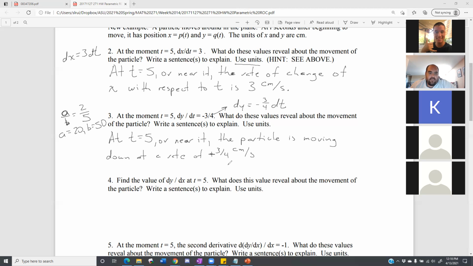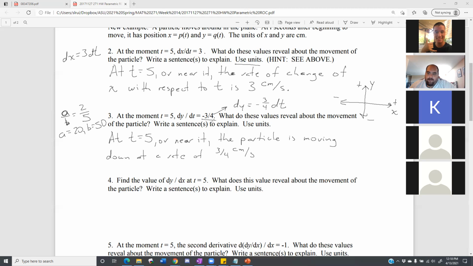The other thing I want to bring up is, are we okay with me basically taking away this negative sign the way I've worded it? I'm a little confused on what you mean by the particle moving down. I know that dy dt is negative, and we're just going to go with what our instincts tell us. X is horizontal, y is vertical, positive is either right or up, and negative is either left or down.